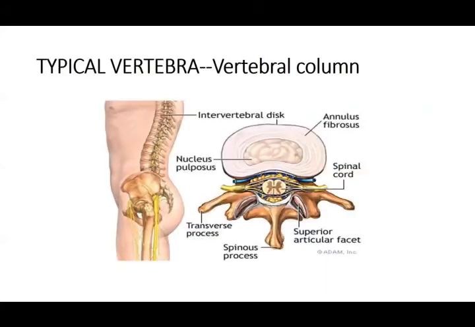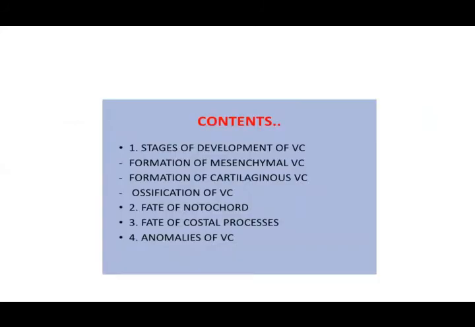Then you see this picture, and then the stages which are there. Formation of first the mesenchymal ground is there. Then it is changed into a cartilage. Then it changes to bone, because it is formed around the notochord. Then what is the fate of the notochord? How the costal processes? What are the different types of costal processes?